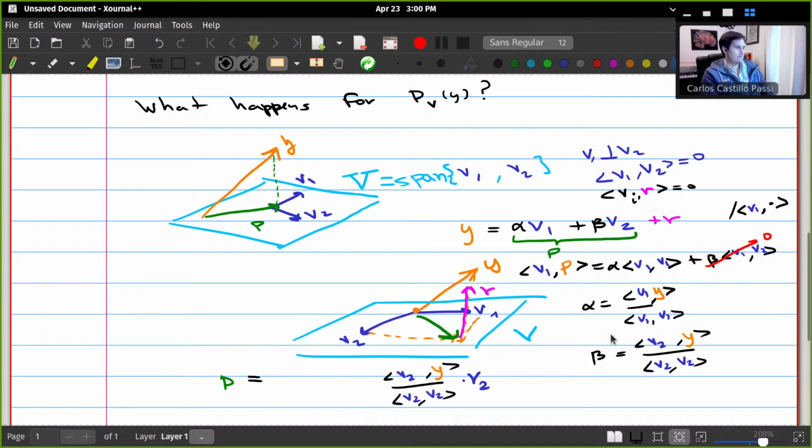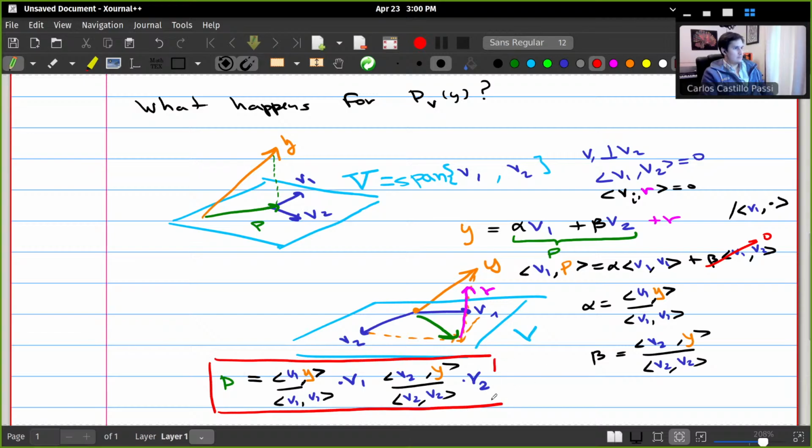So this one is here. And now we have the one with v1. Okay. Is it more clear how to obtain the projection of a vector to a vector space now that you have seen the procedure? That was a question. I didn't say it like a question, but it was.